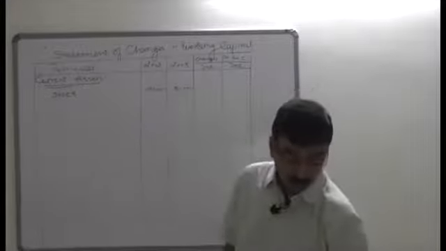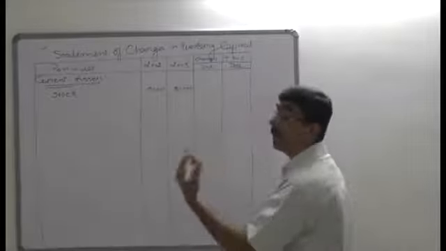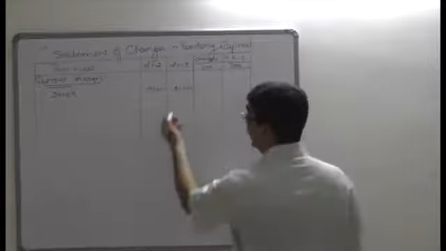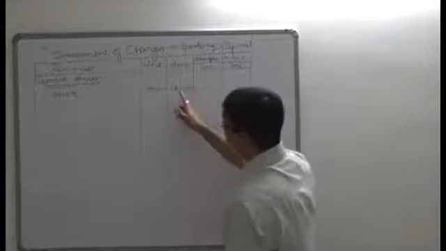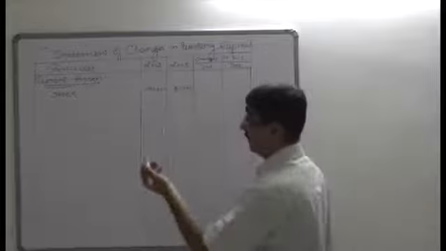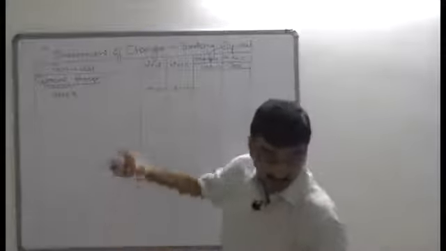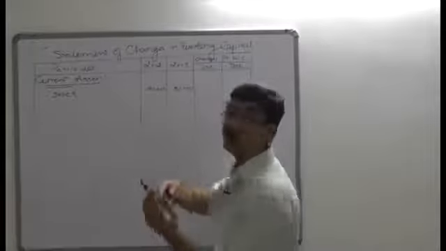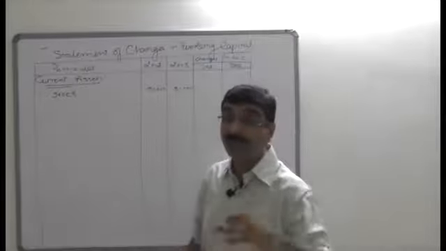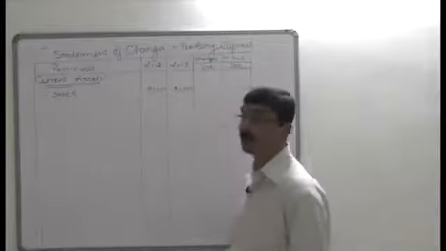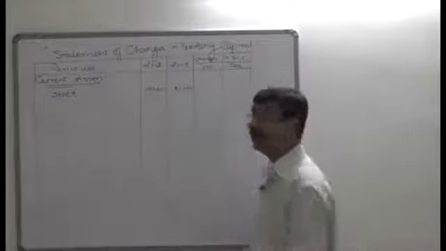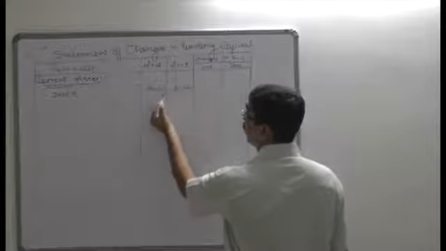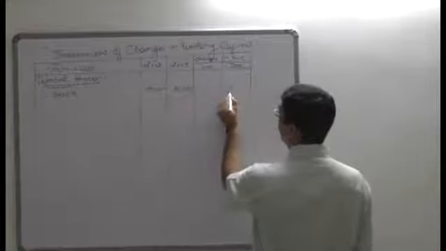Now we need to apply our formula here, or if you don't want to apply the formula, you can understand it directly, because all the time calculation is a little stretch, so it is better to apply the same thing. If the current year's current assets are lower than the last year's, it always decreases the working capital.